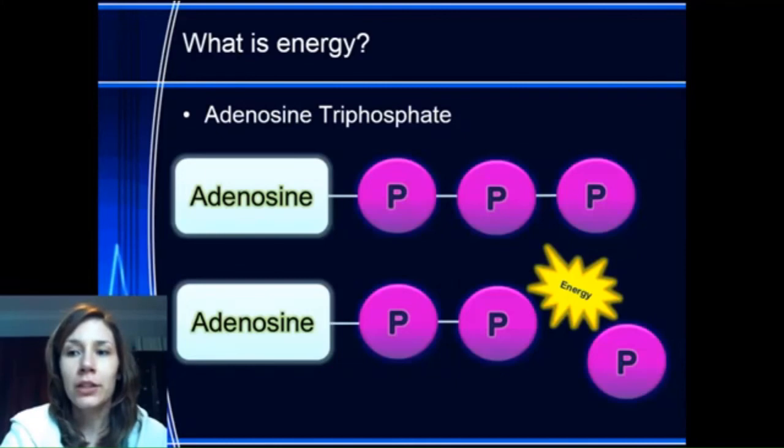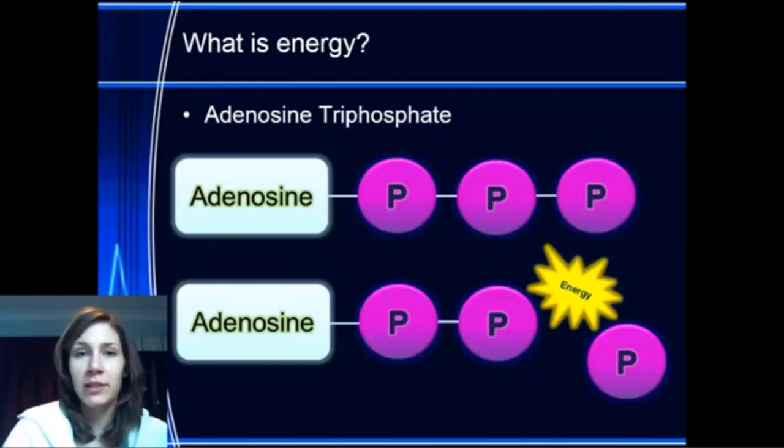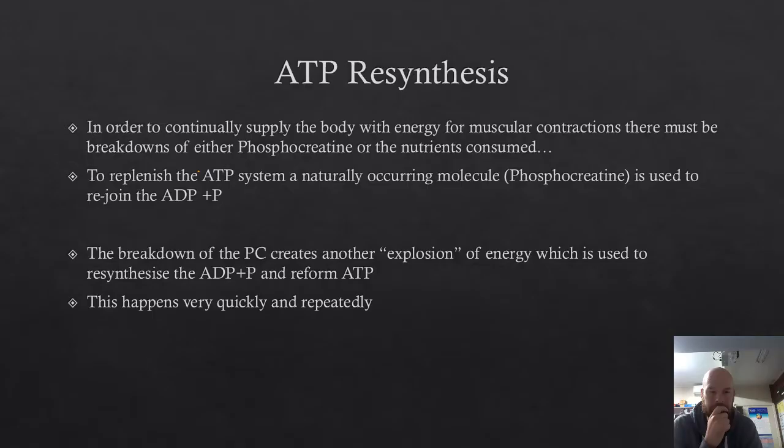Obviously, there are other things you need ATP for, such as thinking. Just sitting there, you need it because your digestive muscles are working as well. Any cellular process basically needs ATP, but because we're doing an exercise course, we're just looking at muscular contraction.